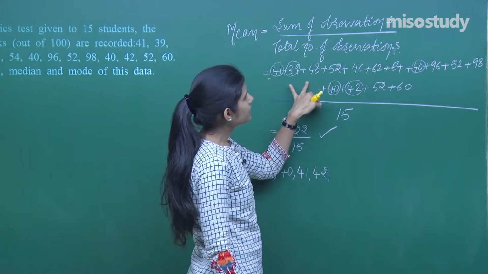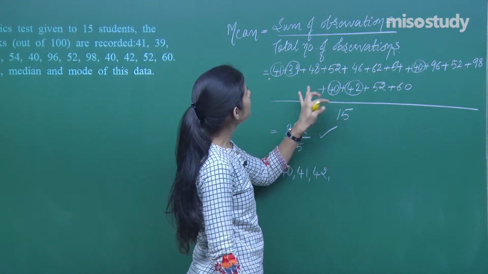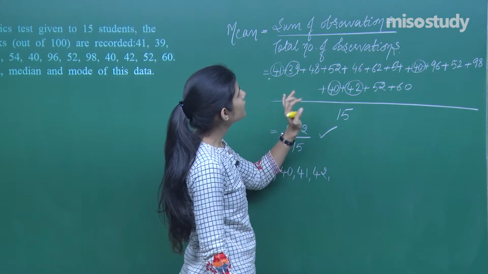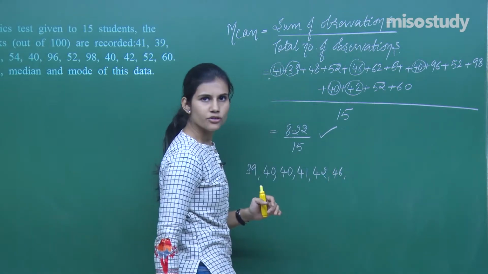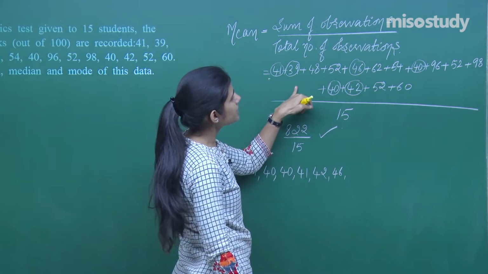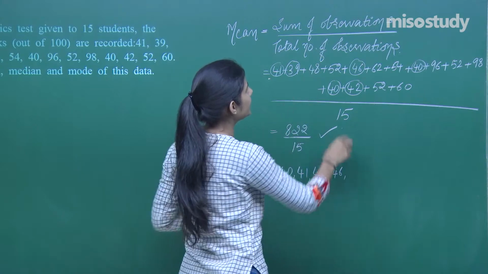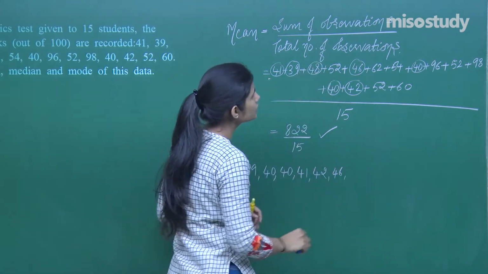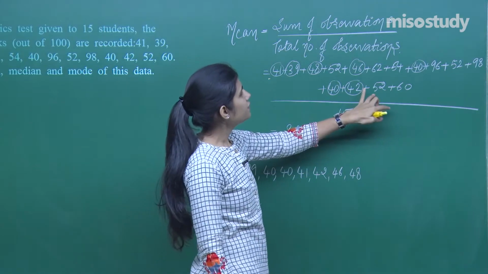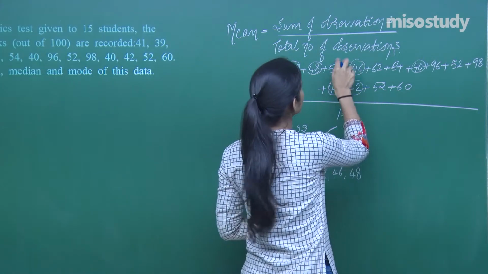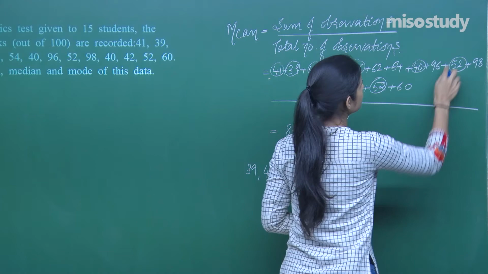After that you have 46, then 48, then 52, there are 3 52s.